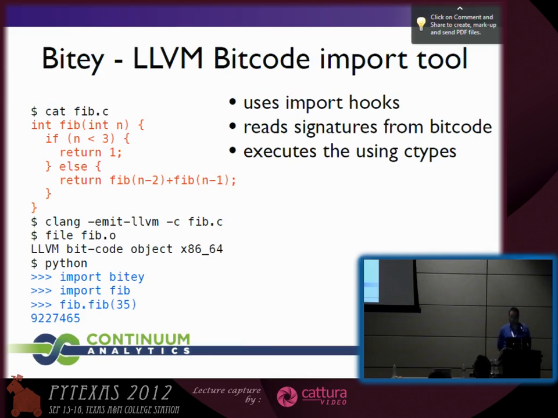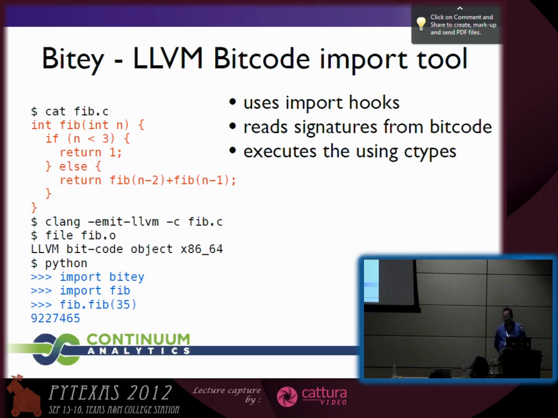Then you start Python and import llvmpy. Before you import the bitcode, so that's why the bitcode importer is imported before import fib, and then you run the function inside your code. And that's all you have to do.